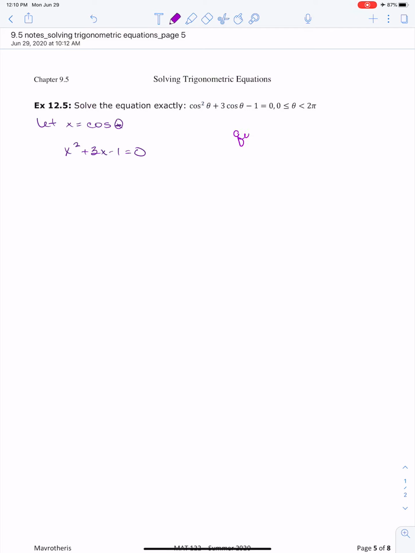So now we're going to go back to the quadratic formula. Okay, and that says for any quadratic, my solutions will be of the form -b plus or minus the square root of b squared minus 4ac all over 2a.